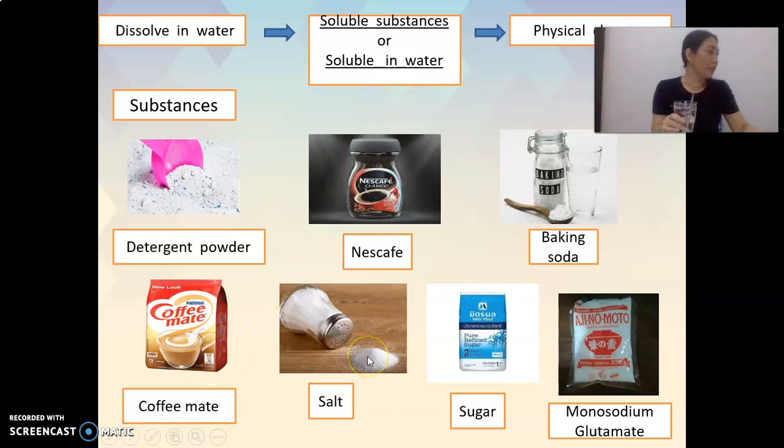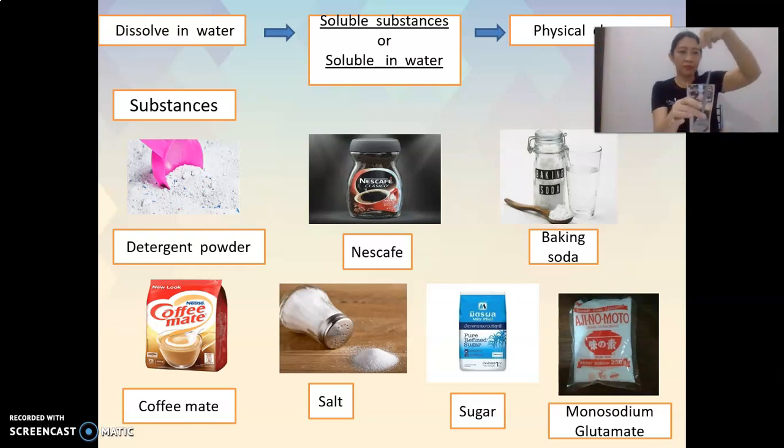Then next is salt. When salt is added, then this is dissolved in water, soluble in water. And next is sugar.